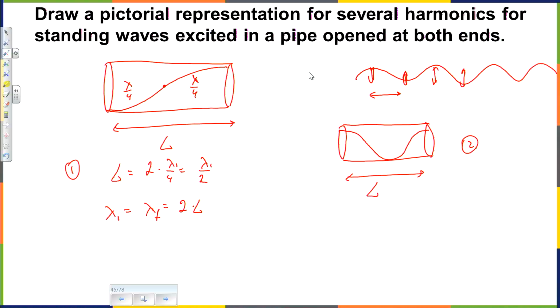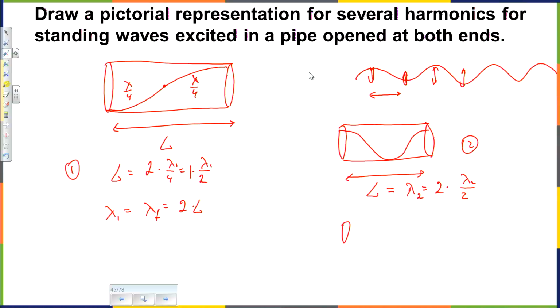And the relationship between the length of the tube and the wavelength number 2 is this. But it is actually more convenient to write it in terms of halves of a wavelength.